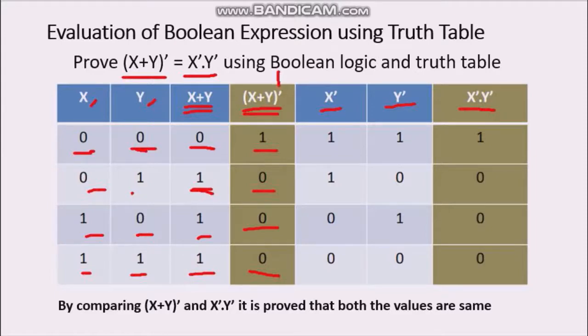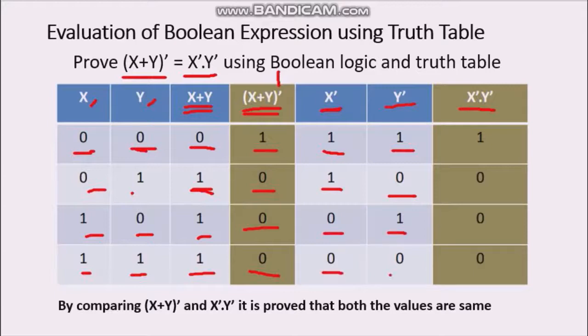Okay, then RHS, in the RHS there is x bar dot y bar. So first you find out values of x bar. The value of x in the first column is 0, so x bar will be 1. Value of y in second column is 0, so y bar will become 1. Similarly, you find out other values of x bar and y bar. It is very easy, right?